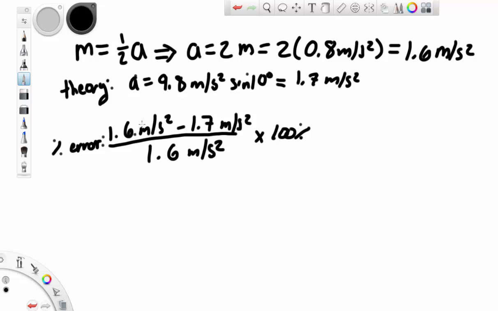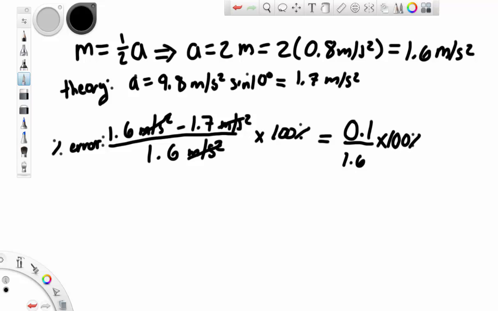And so this part up here gives us 0.1 over 1.6. Notice that the units are all the same, so we can cancel out the units because it's common to all three factors. It's 0.1 over 1.6 times 100%.